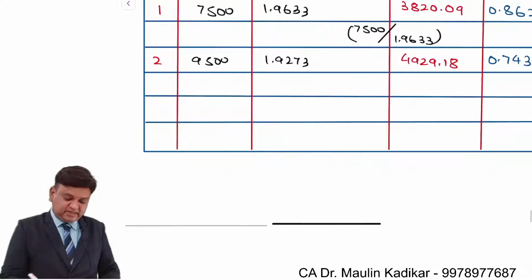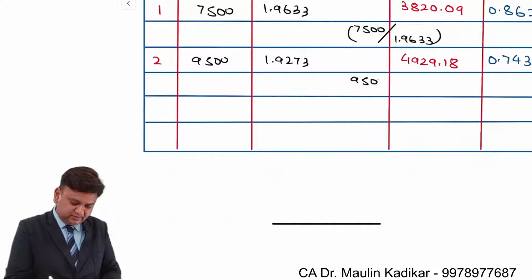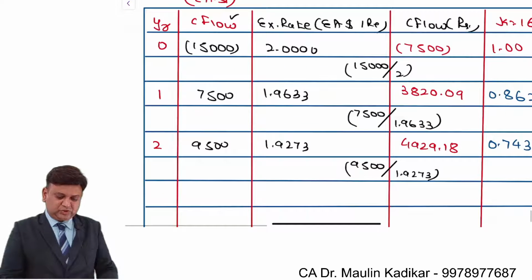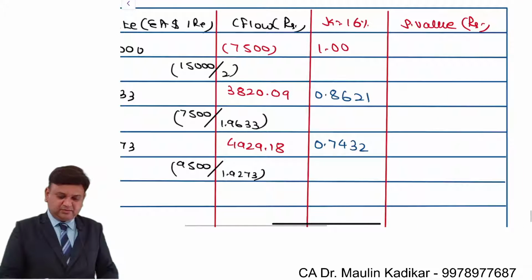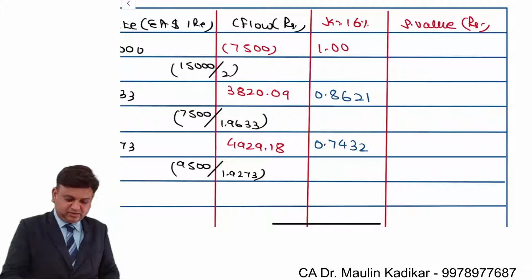And for the second year it is 9,500 divided by 1.9273. So these are the cash flows in rupee terms which will be discounted.